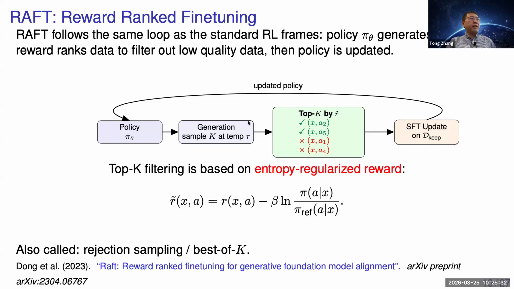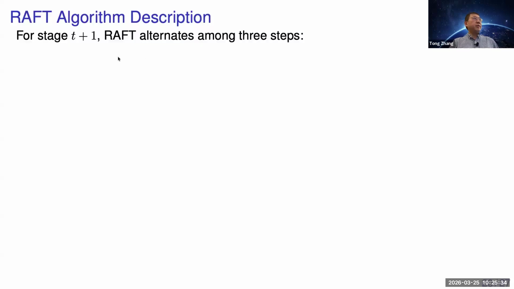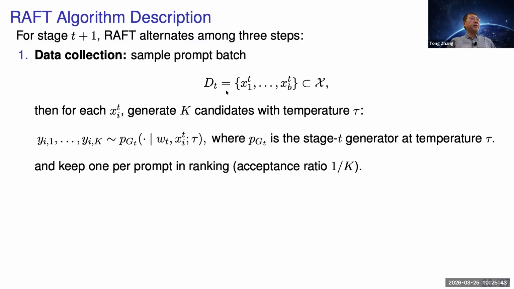Okay, so once you have that, what is the algorithm? For each stage t or t plus one, you alternate among these steps. First, data collection. You get a batch of prompts, and for each prompt, generate k candidates with a certain temperature. I changed the terminology a little bit because I copied from that paper.